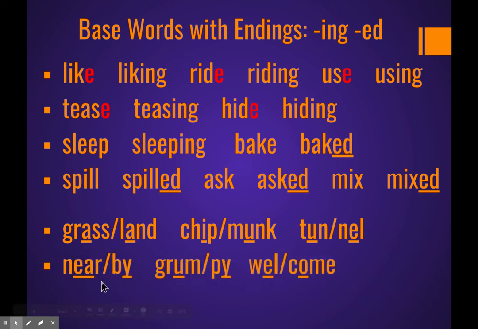All right, let's read these. Now, do you notice this is what they call a vowel pattern? So two vowels standing together, they're going to stick together. So one vowel, two vowels, break it between the two consonants. This is actually a compound word because you have near, by, nearby. All right, let's look at this one. Vowel, vowel, break it between the two consonants.